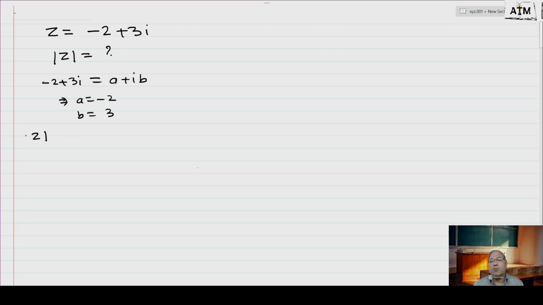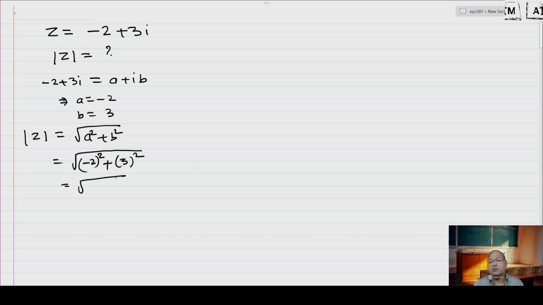Then the modulus equals the square root of a squared plus b squared, which equals the square root of (minus 2) whole squared plus 3 squared, equals the square root of 4 plus 9, equals root 13.